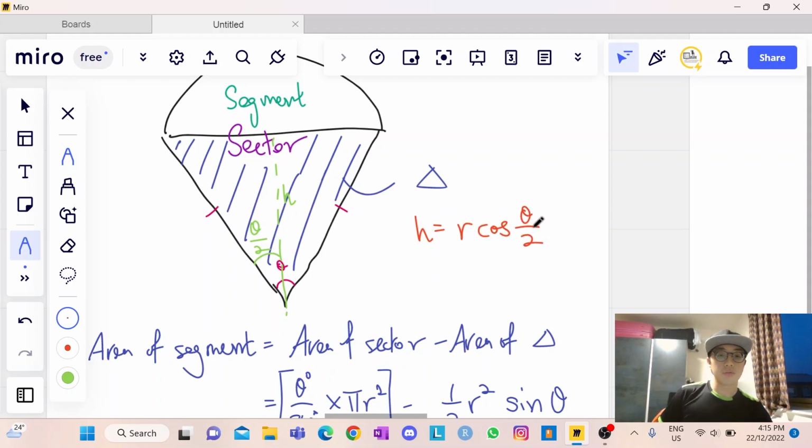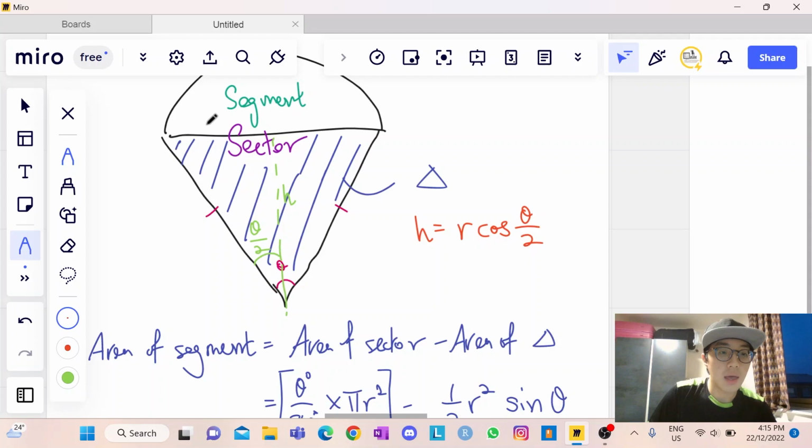You will find it somewhere; you can try it if you know the trigonometry rules. You still need the trigonometry to find h, the cos stuff. After you found h and you know r, you can get this chord length right here.